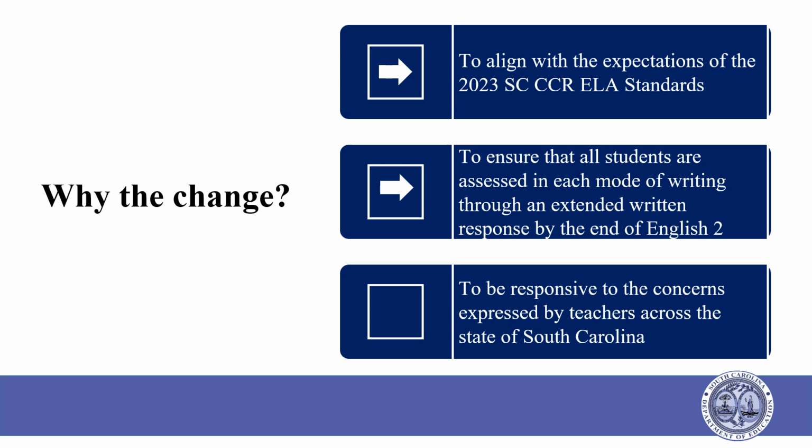By assessing each mode of writing through an extended writing item, the TDW, students in South Carolina will have the opportunity to respond to an extended writing item in each mode of writing by the end of English 2.